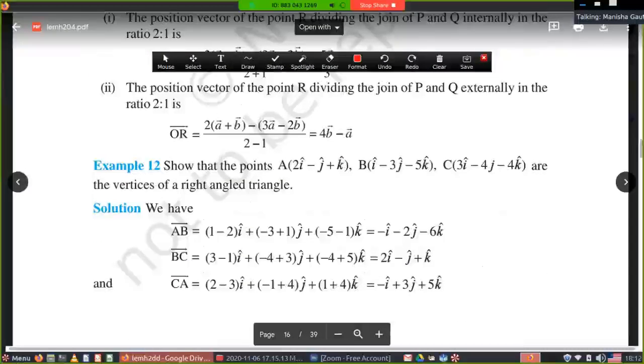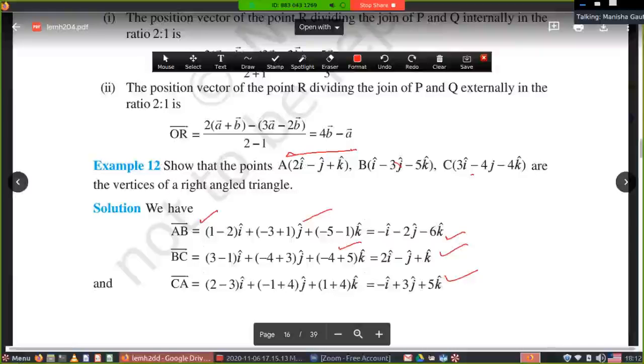Show that the points are the vertices of a right angled triangle. If these are the points of a right angled triangle, we first have to find the line segments AB, BC and CA. AB means the position vector of B minus the position vector of A. BC means the position vector of C minus the position vector of B. You will get the AB vector, BC vector and CA vector.